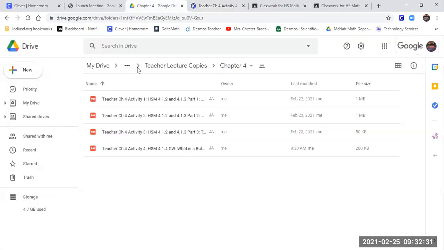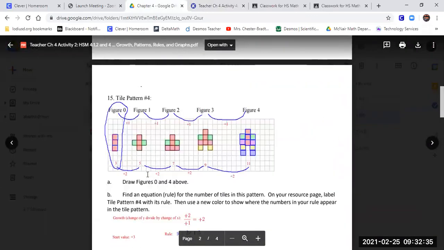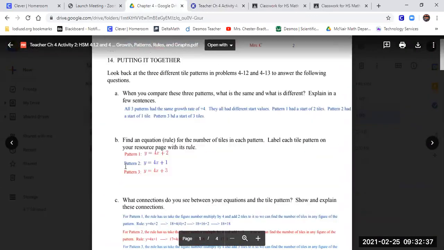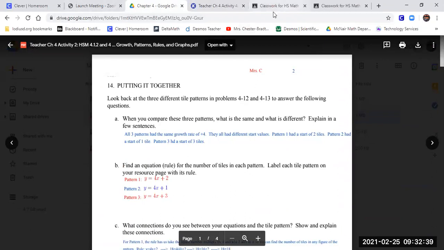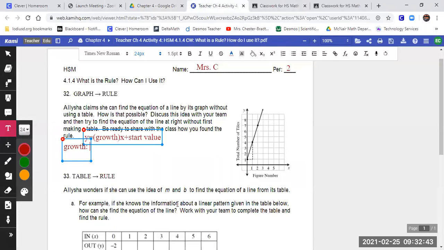I found it on the second page. We set it in parentheses after the word growth. We've done it for several days now. How do we find the growth? What do we do with these changes once we find them?